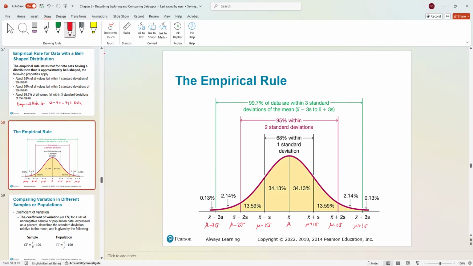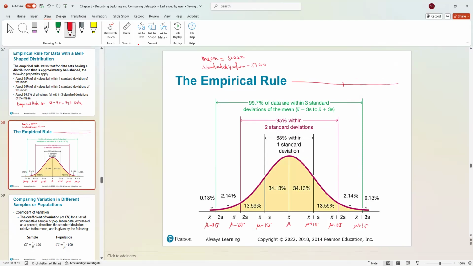Because with a standard deviation of 5,000, if the average is $50,000, you see for us on a normal curve, let's put a normal curve like this.